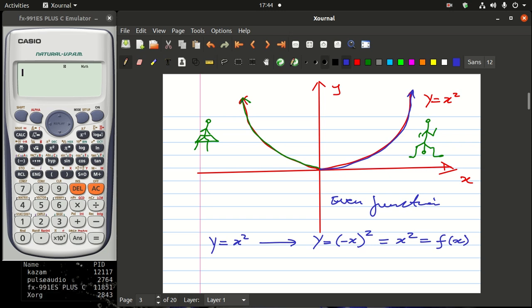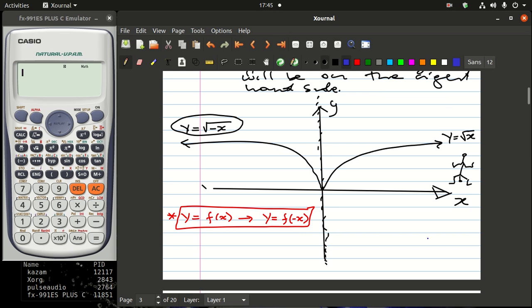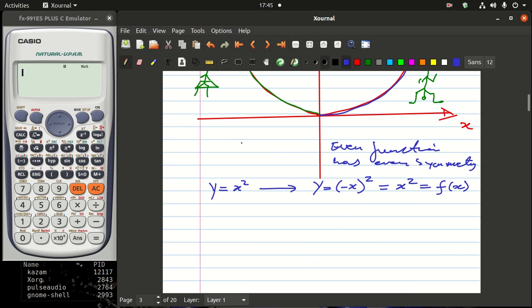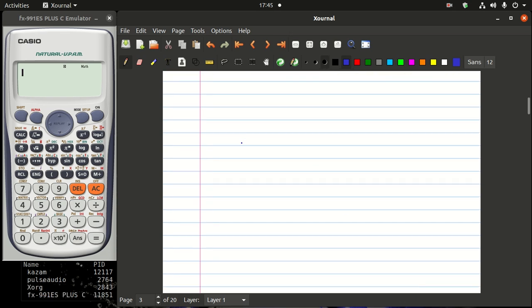So we usually say this function is even, or it has even symmetry. So we talked about this, that what was on the right is reflected and goes to the left for the reflection along the y-axis, and on the left it goes to the right.